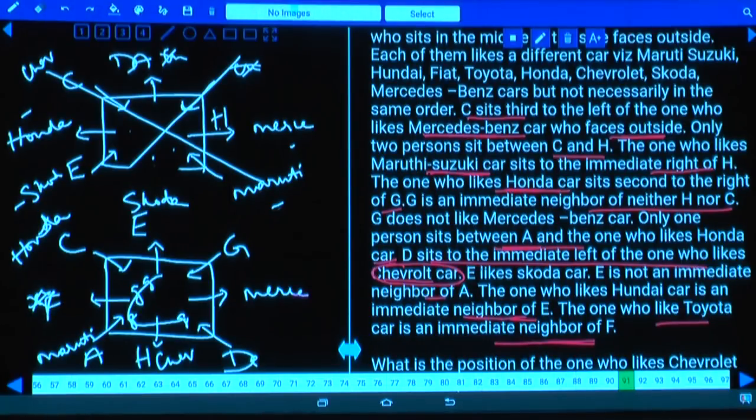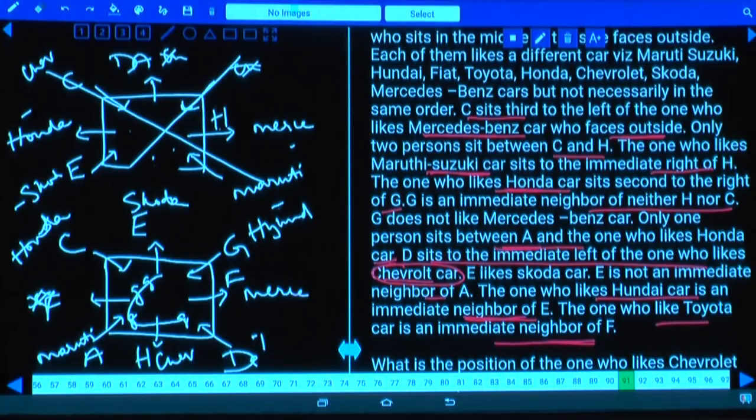And where is F here? F must be Mercedes. Regarding Hyundai, the one who likes Hyundai is an immediate neighbor of E, so this person must be Hyundai. If this person is Hyundai, then this D is left with Toyota.